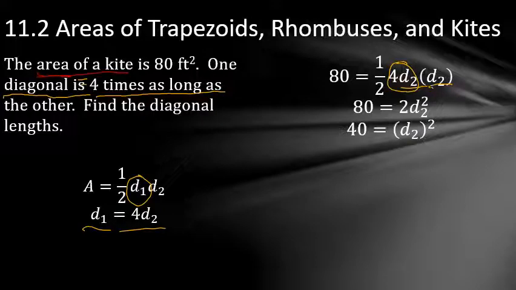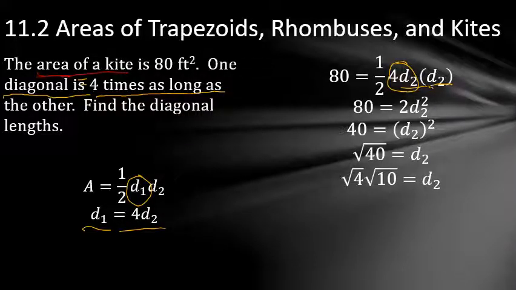Divide by 2. 40 equals d2 squared. Since it's squared, I need to take the square root. So d2 would be the square root of 40. We can simplify that. What times what makes 40? I want one of them to be a perfect square. How about 4 times 10?